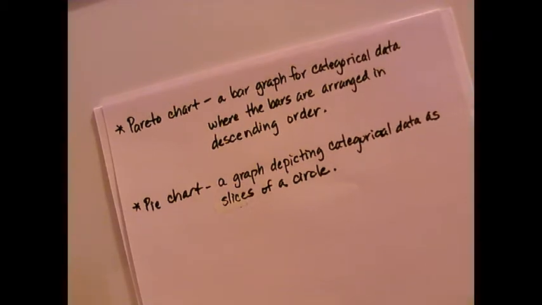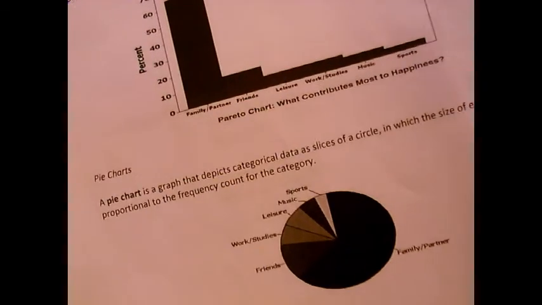And in a pie chart, the size of each slice is going to be proportional to the frequency count for a particular category.